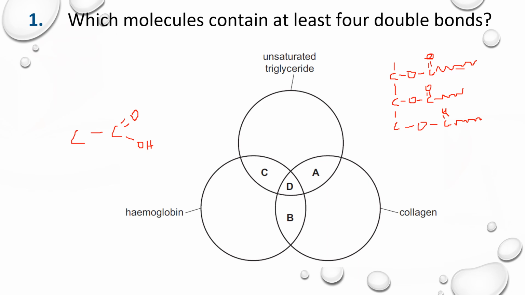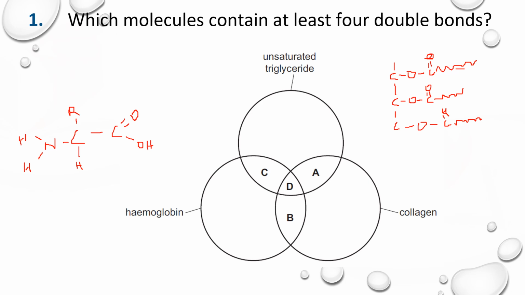So this is the amine group. Every amino acid has an amine group and a carboxylic group. We also have the R group, and the R group is what is different in each one. So this is hydrogen. Stay with me, don't go away.